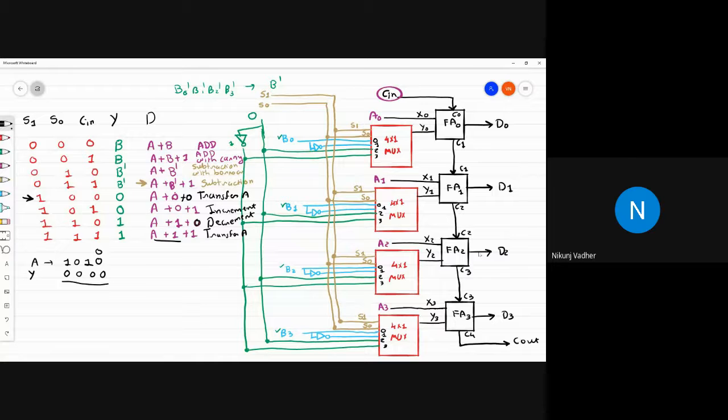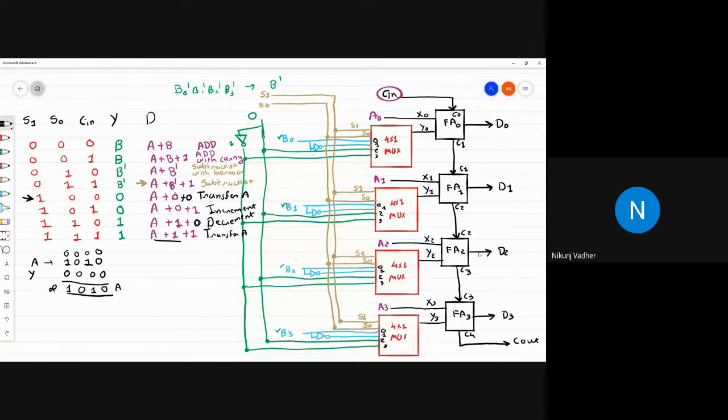So 0 plus 0 plus 0 is 0, carry will be 0. 0 plus 1, 1 plus 0, so 1, carry will be 0. All 0, carry is 0. 0 plus 1 plus 0 is 1, and carry 0. So we will discard this carry. 1 0 1 0. We have given A as an input and we are getting A as output. That's why it is resulting into transfer A.